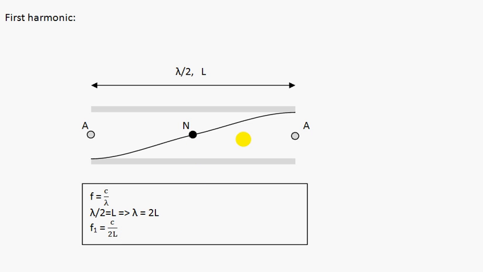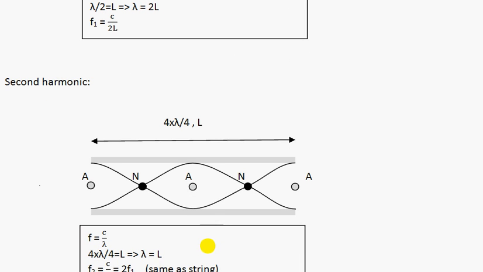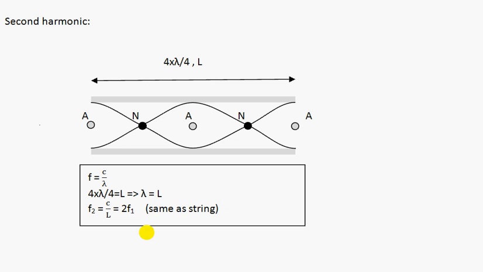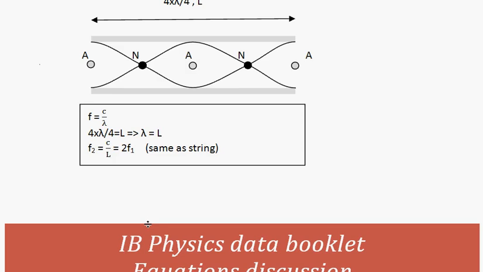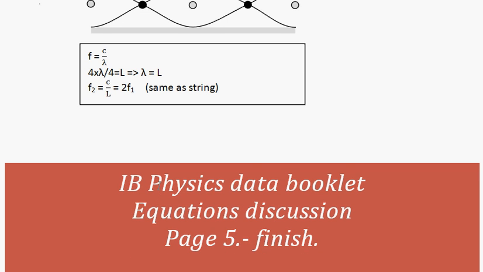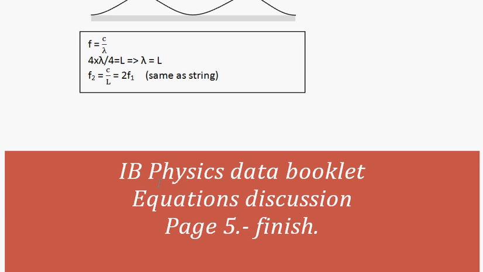Now we put another node in between, two nodes. Lambda over 4, lambda over 4, lambda over 4, lambda over 4, 4 times equals lambda. So the same as strings. So f2 will be 2 f1, etc. So we finished page 5.